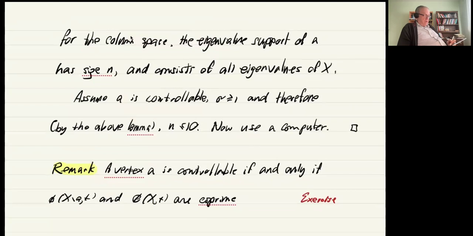The other remark I want to make is about testing for controllability. If you want to test whether a vertex is controllable, you could compute the walk matrix. That involves n matrix multiplications. Actually, computing the walk matrix isn't too bad.